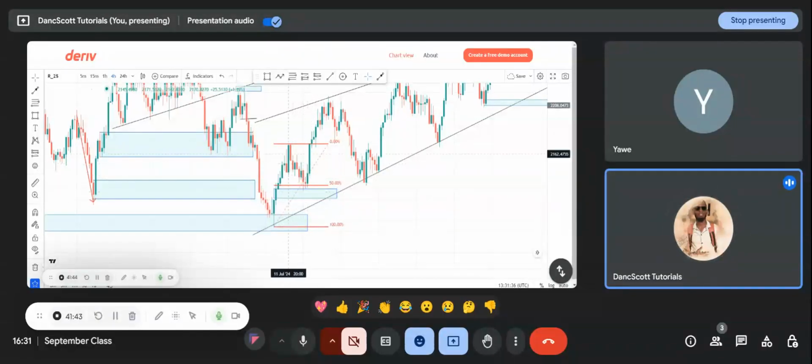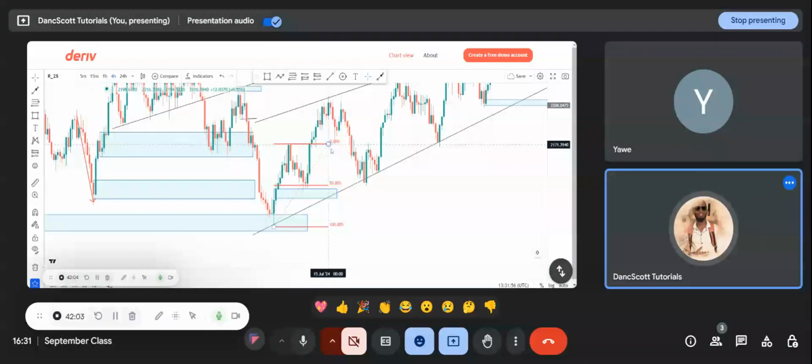This was our high. After this candle was created, we could actually draw our fib. Once the second candle closed, the high was confirmed. So you draw your fib like that.